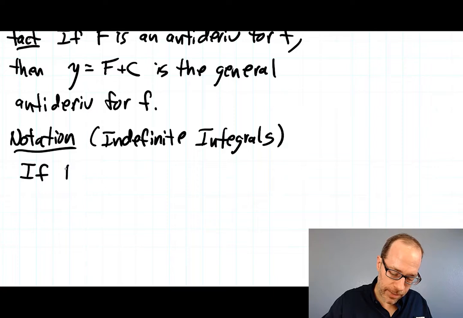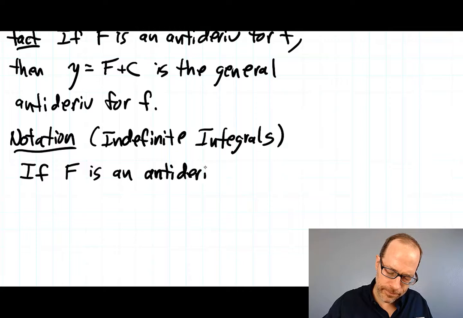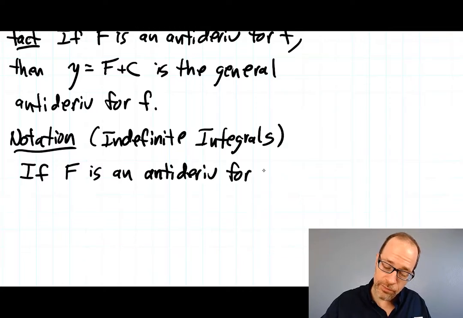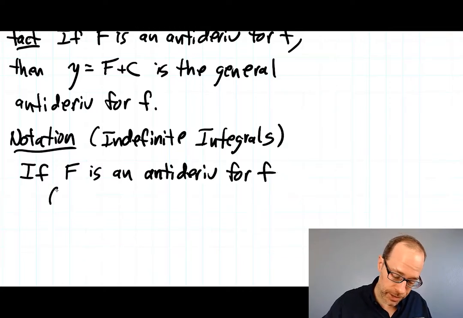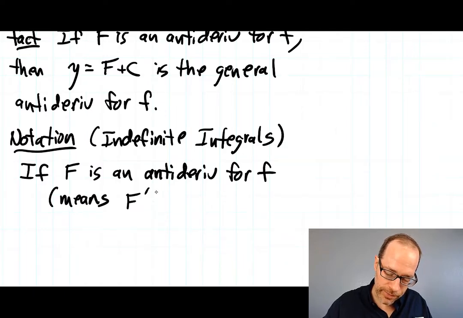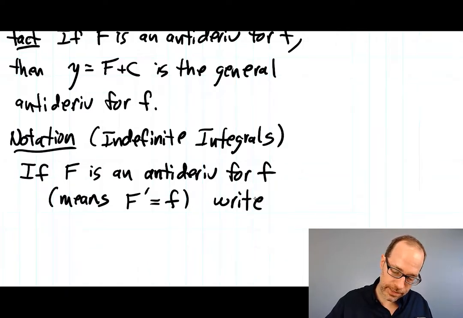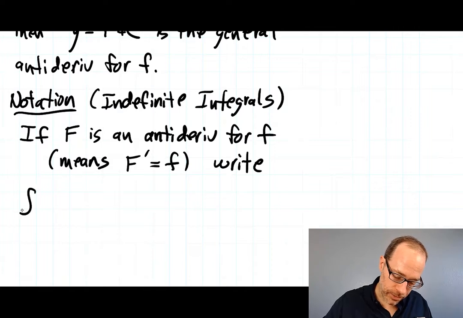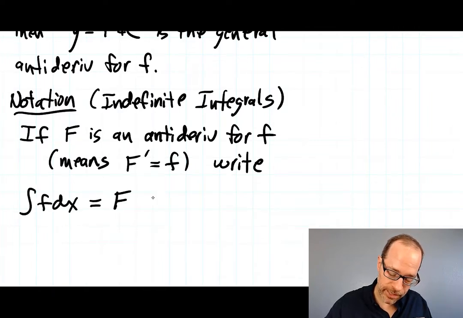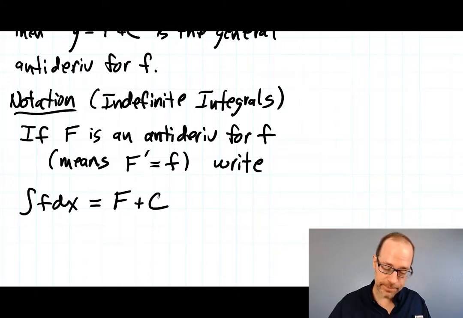If capital F is an antiderivative for little f, remember this just means that the derivative of capital F is little f, we write this: the integral of little f dx is capital F plus C.